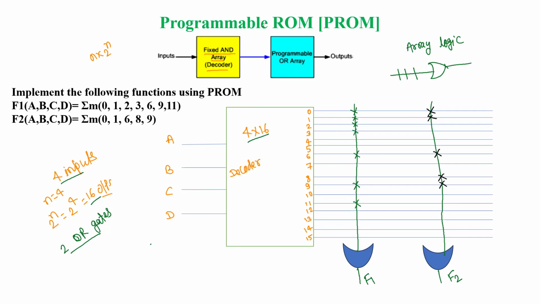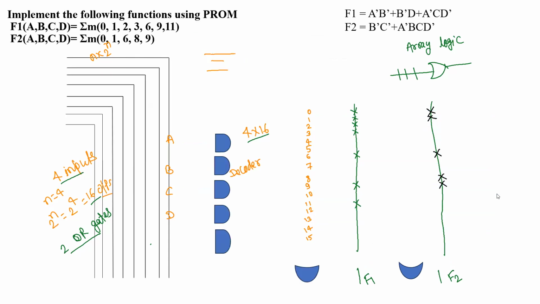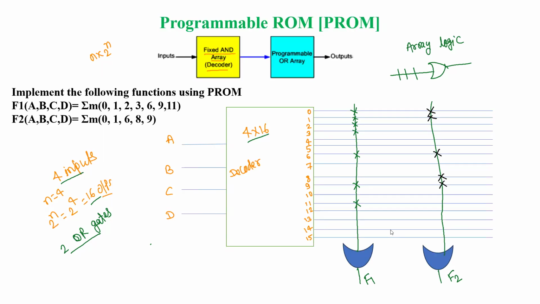So if we can see this one also with the help of AND gate. In case of AND gate, we can see the different connections, how it is going to be the value.